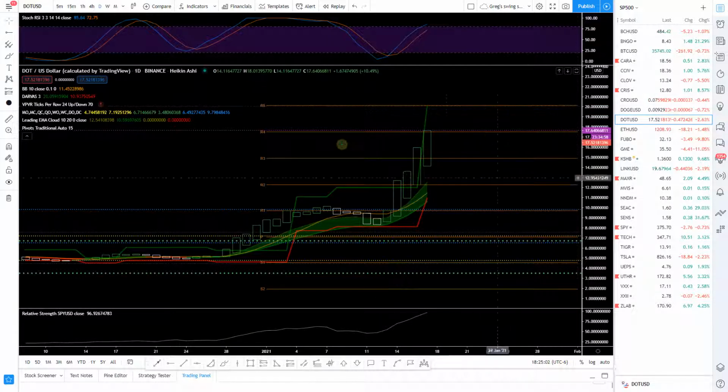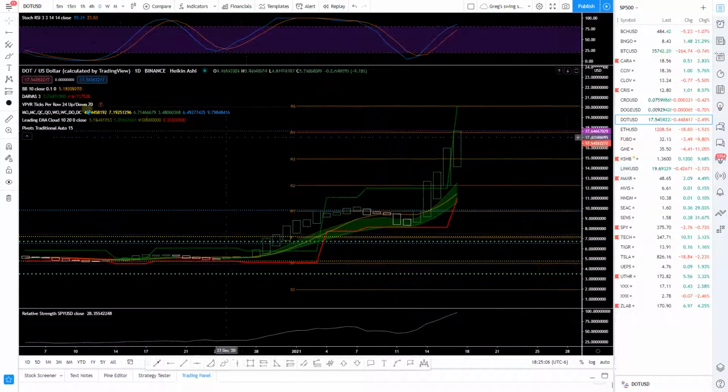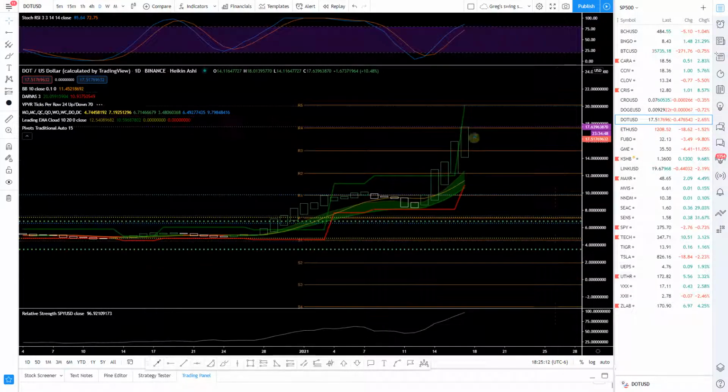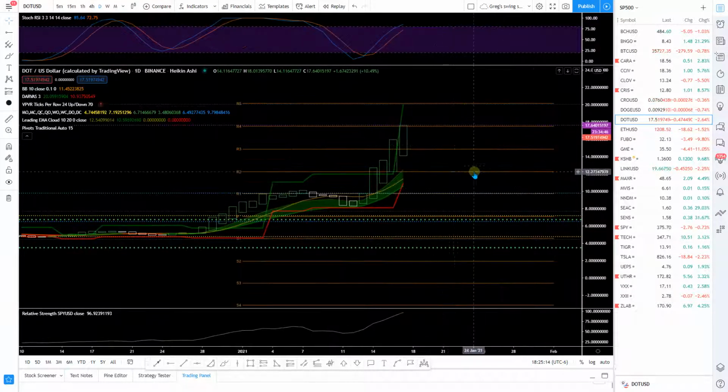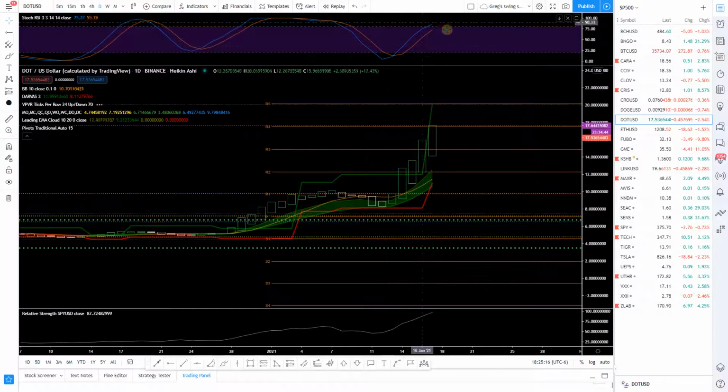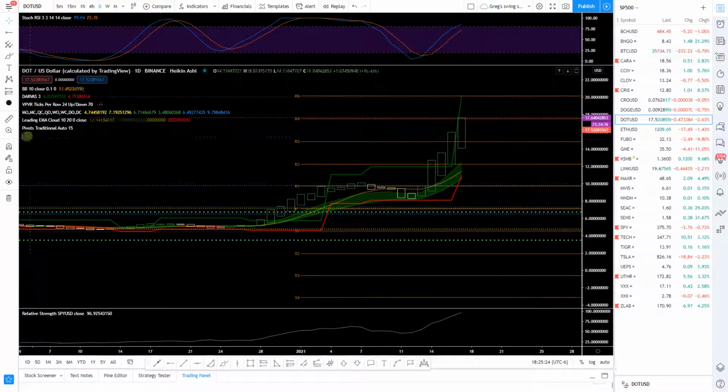This is where you'd want to have your money, at least if you can move it there. For some reason, on some of these charts, the volume profile doesn't actually show, but I'd be looking at Polkadot right now on pullbacks, or if you're looking at the stochastic, waiting for it to come down here and set across and go up. But yeah, very interesting.